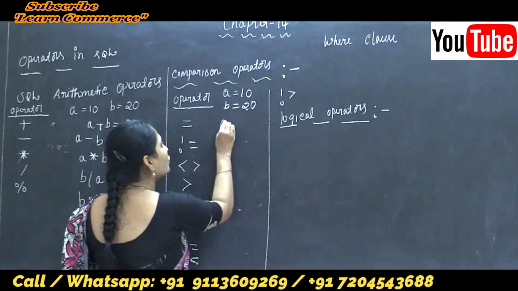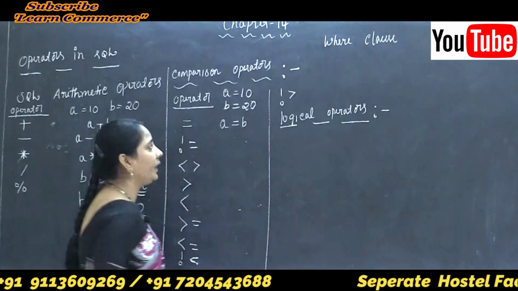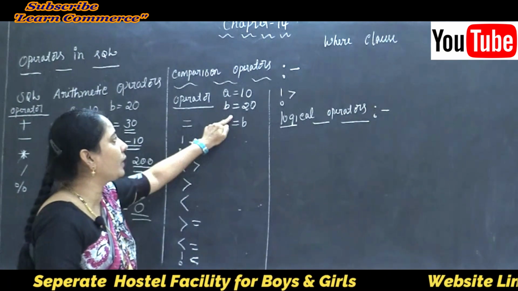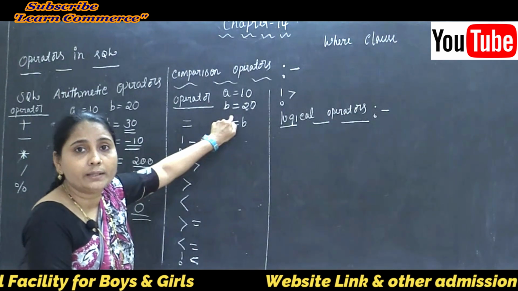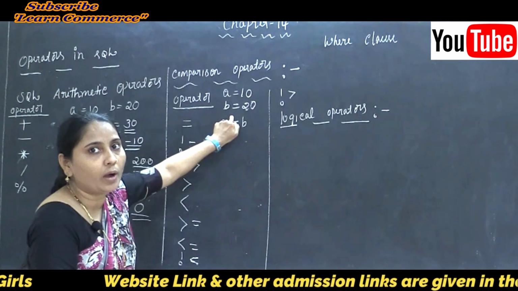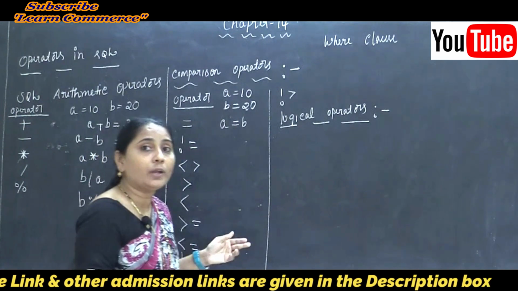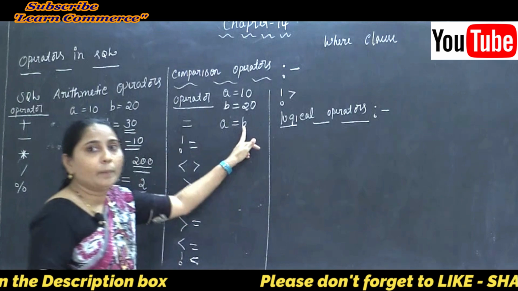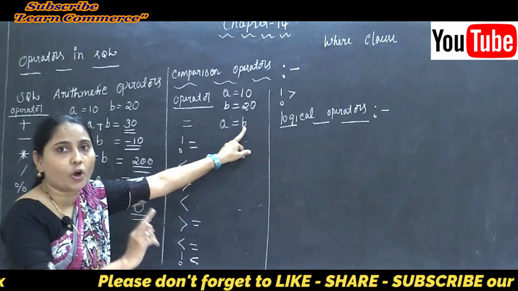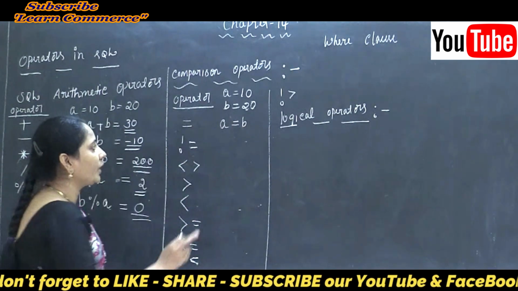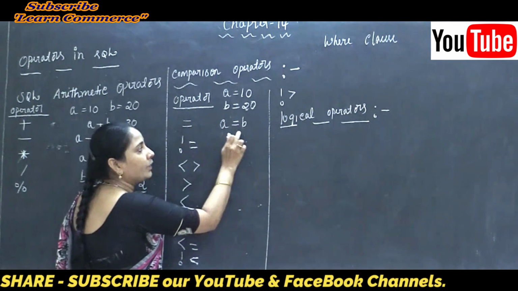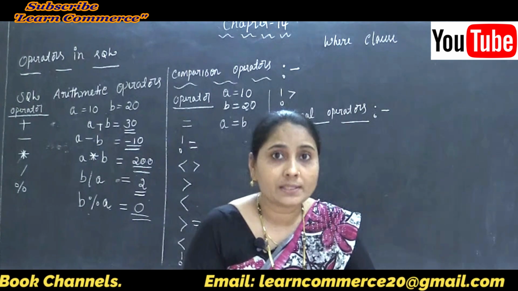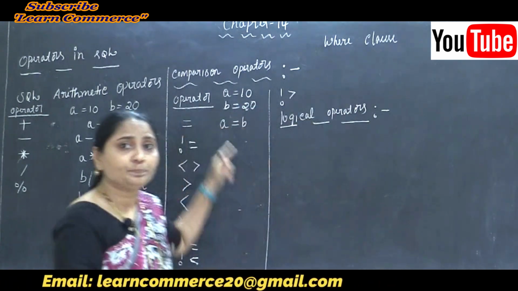The A value is 10 and the B value is 20. Are they equal? No, they are not equal, so the condition is not true. Only if the values are equal does the condition become true.